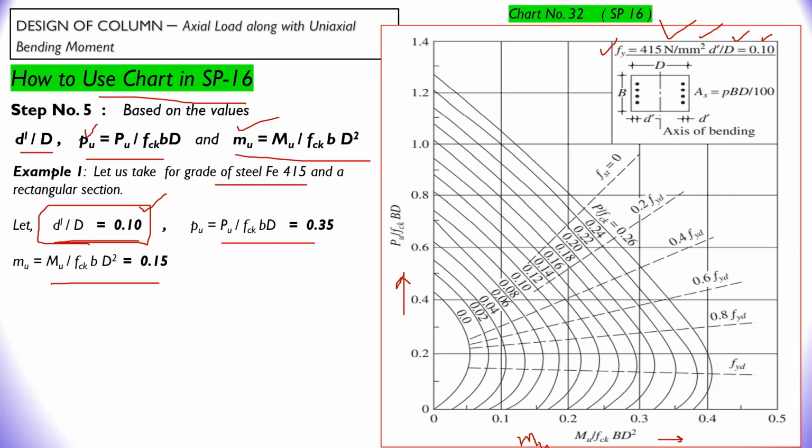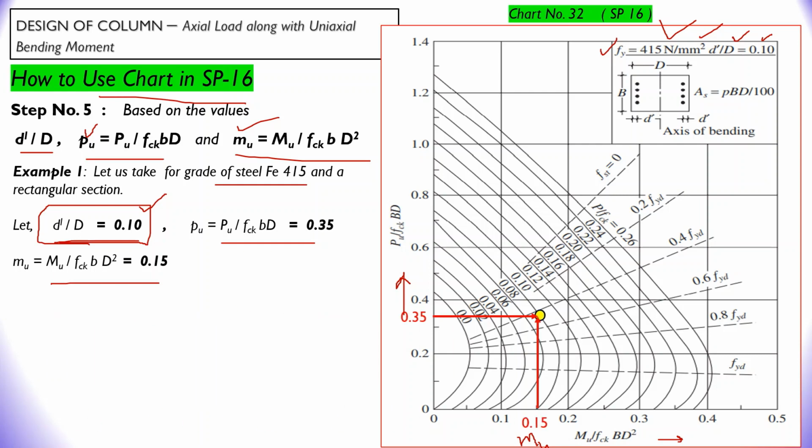So these charts are drawn between small pu and small mu, which are already mentioned here. And this chart is applicable only when the grade of steel is Fe415, D dash by D ratio is 0.1, and the section is rectangular, as we have discussed already. Now, how do we select the value that this chart will give us?